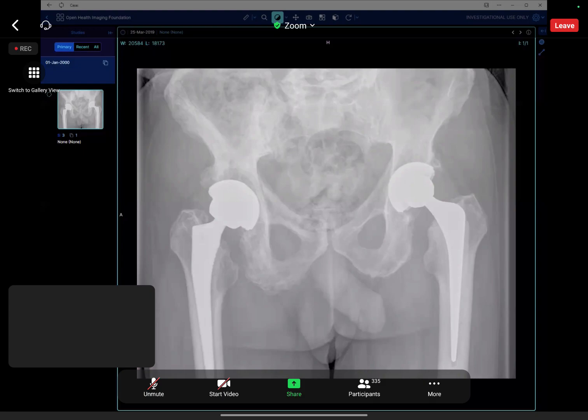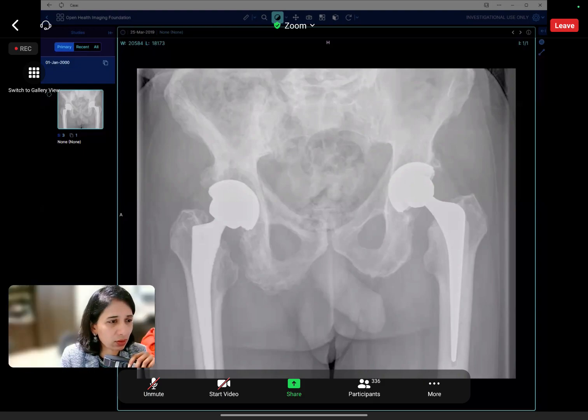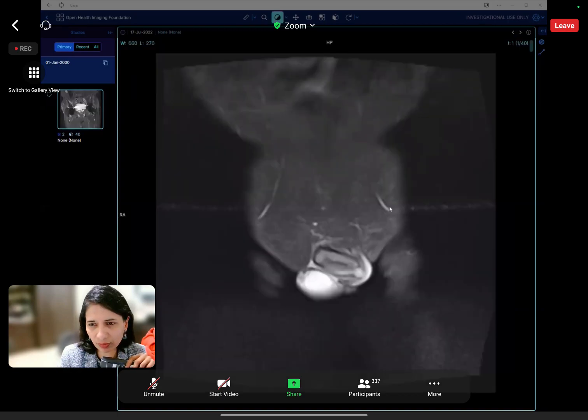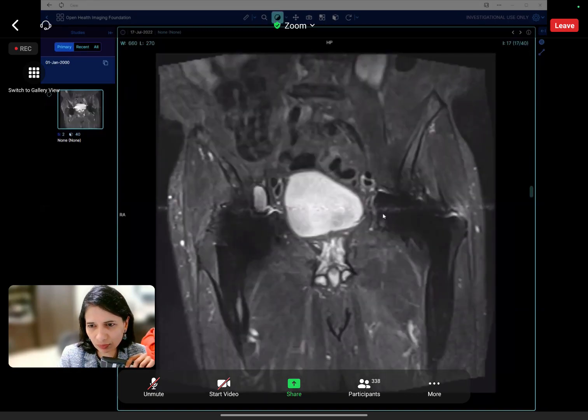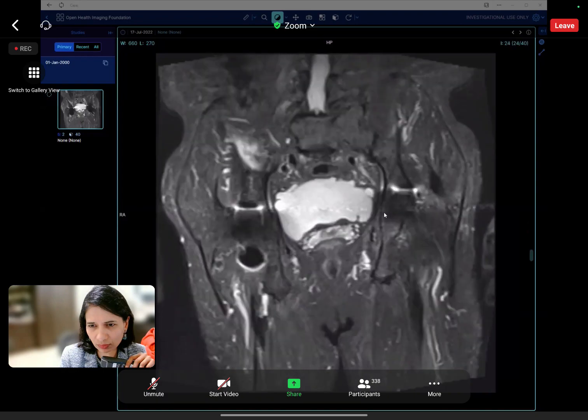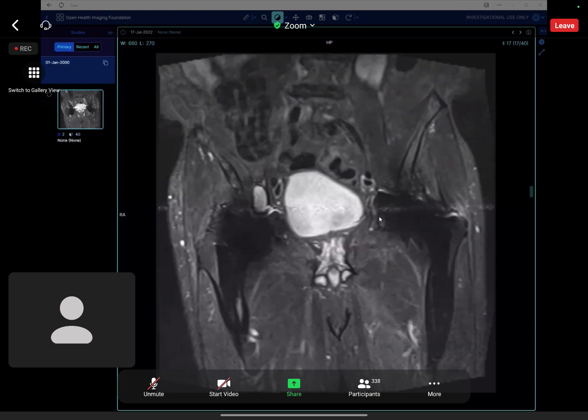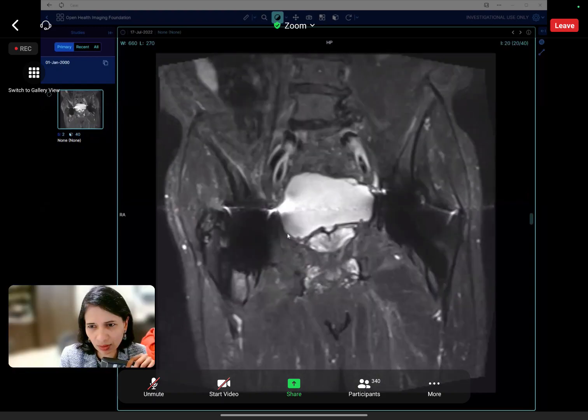Okay, fine. So I can show an MRI for you. So these are the fluid sensitive sequences presented in the coronal plane. Can I scroll through these images? Yes.